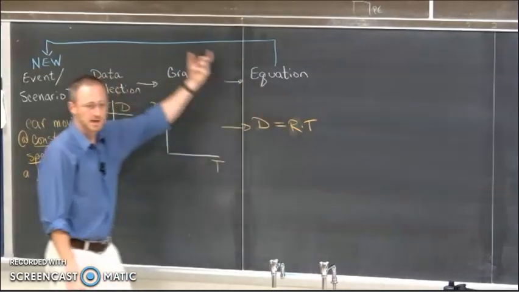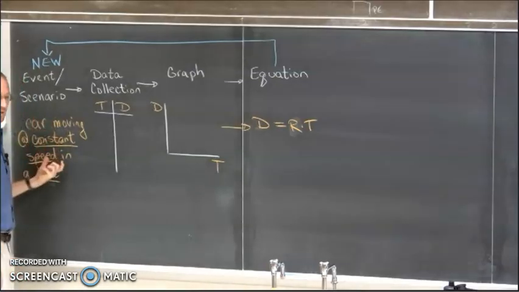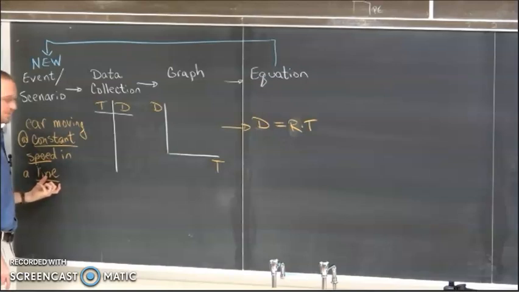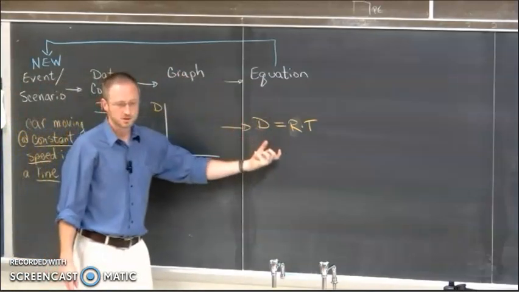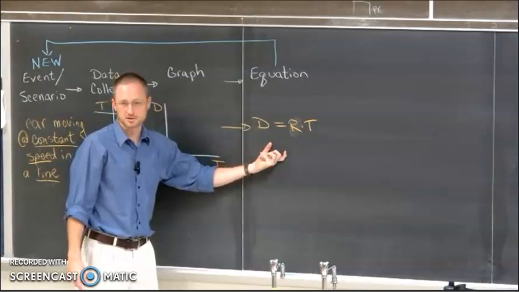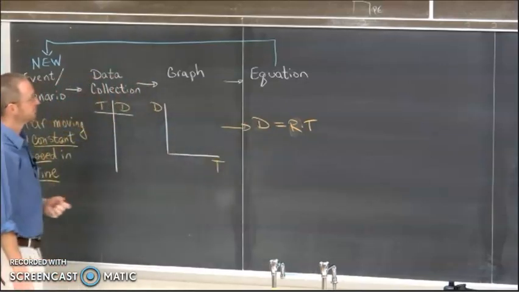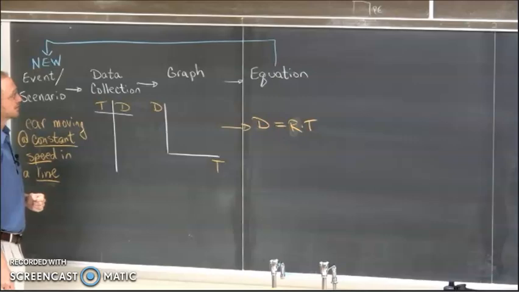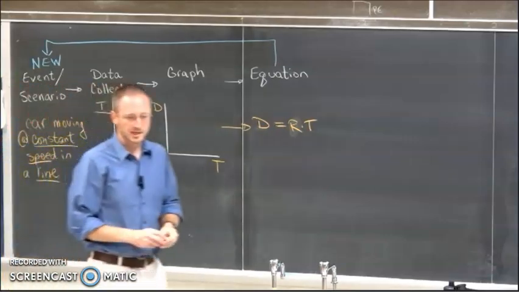Then we're going to go back and analyze new events that follow the same pattern of what we're looking at now, and skip forward to just analyzing it with the equation. So let's look at that.